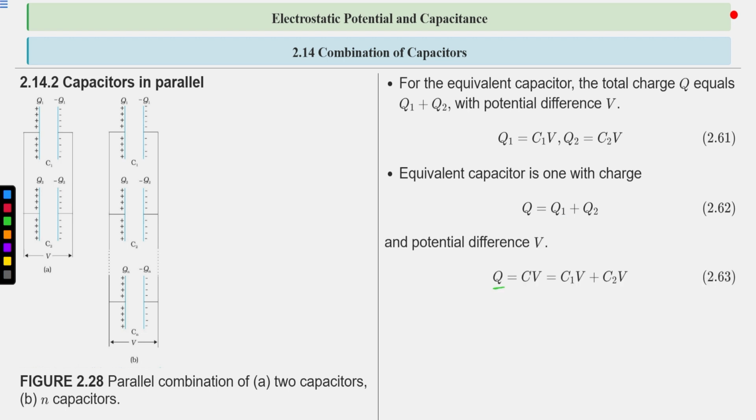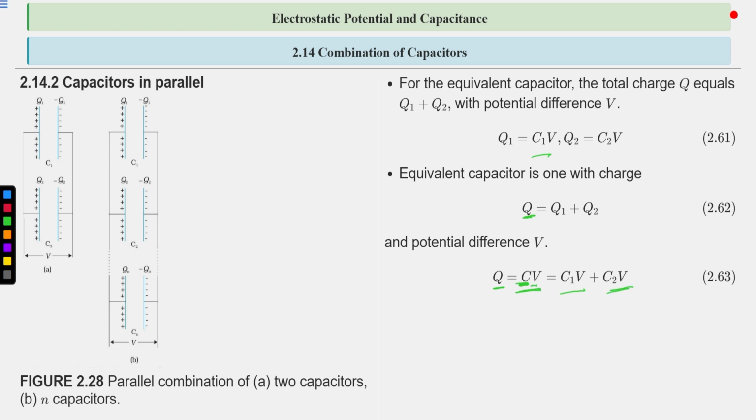So Q is equal to, what is Q here? C into V. V is the potential difference across the combination of capacitors and C is the equivalent capacitance here. So this Q is equivalent to CV, which equals Q1 plus Q2. Q1 is C1V and Q2 is C2V.